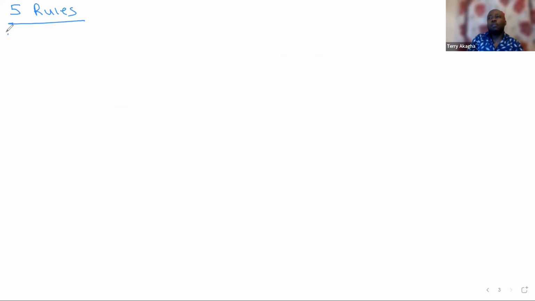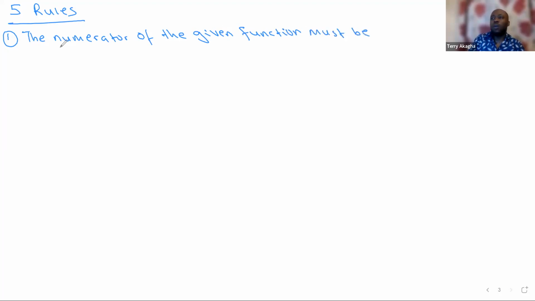Now, the first thing you have to keep in mind is that the numerator of the given function must always be of a lower degree than that of the denominator. Okay, so I'm going to write it down. The numerator of the given function must be of a lower degree.